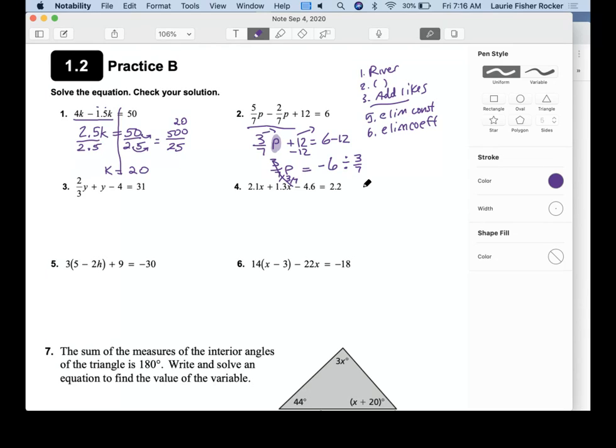So I could change this into times and then flip it. So it becomes negative 6, never change the front one, times 7 over 3. Put a 1 there, do some cross reducing, don't lose the negative, it's still negative. And we end up with negative 14, and that would be our answer.